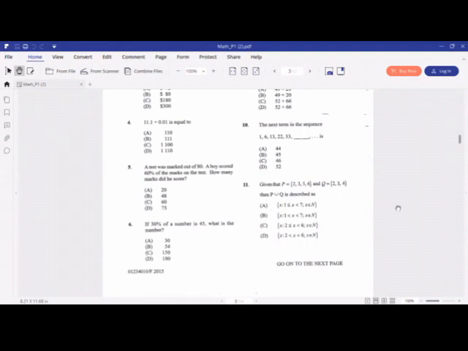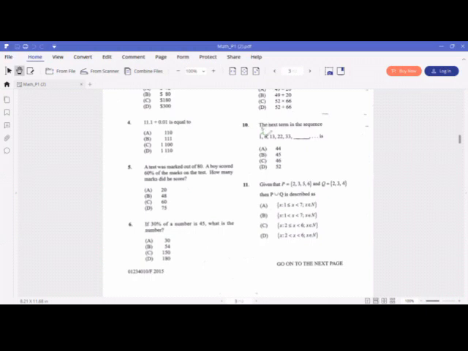Now it says the next term in the sequence is. Now you need to observe the sequence and you need to observe the relationship between two consecutive numbers. The relationship between 1 and 6 is that we increase by 5.